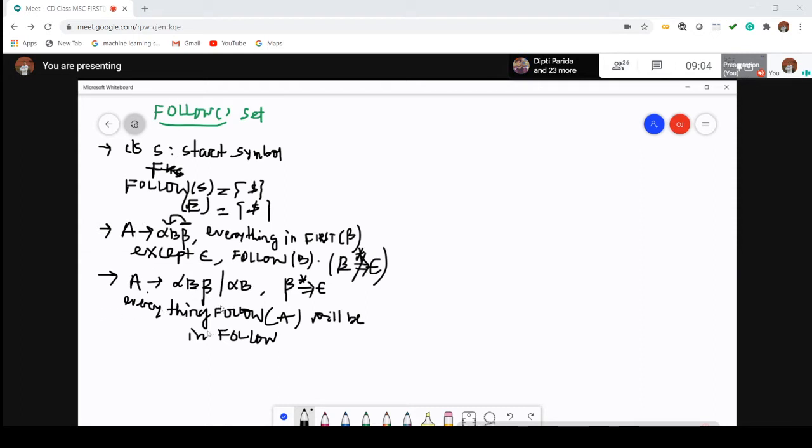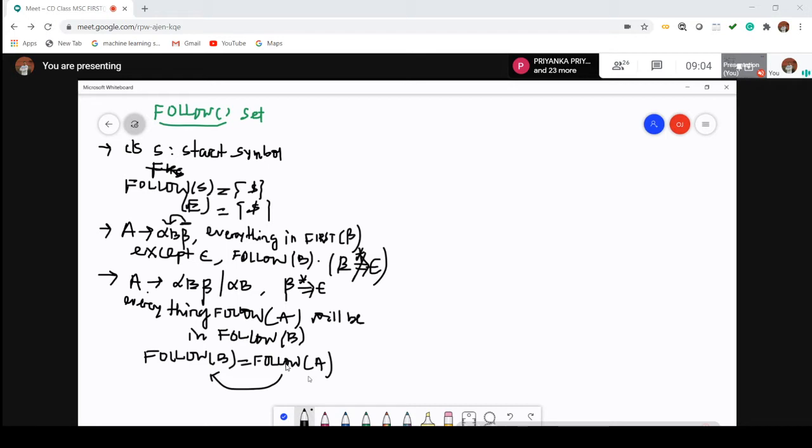Then everything in follow of A will be in follow of B. This is nothing but assigning values: follow of B must be equal to follow of A. Everything present in follow of A should be given to follow of B. So these are the rules.